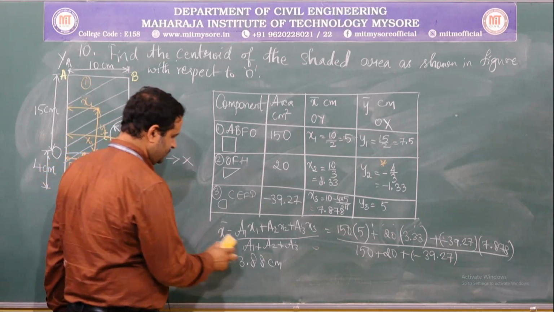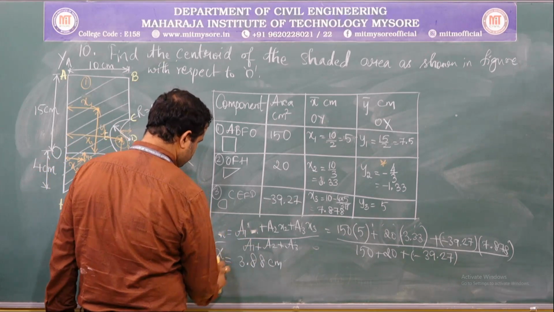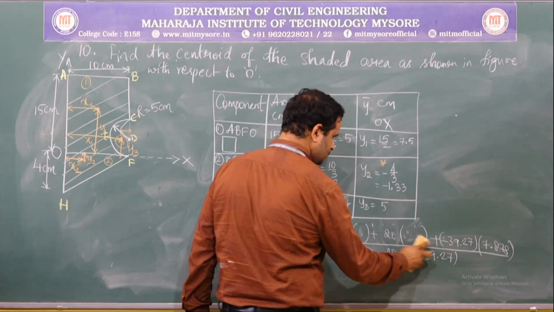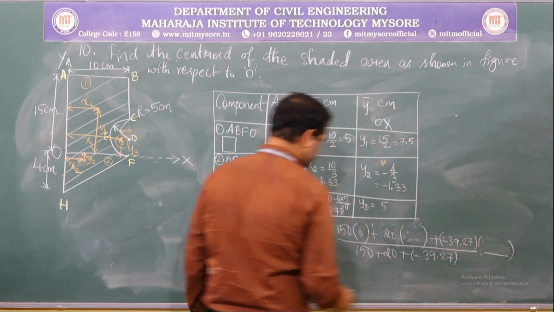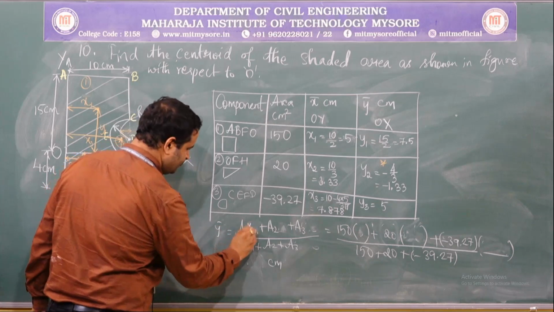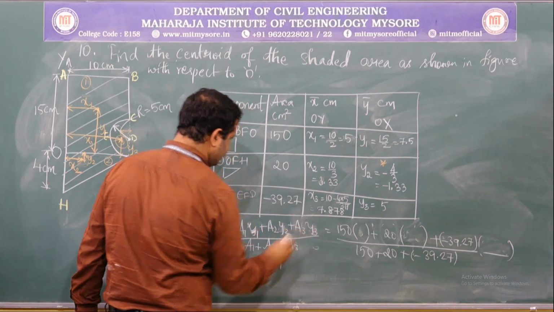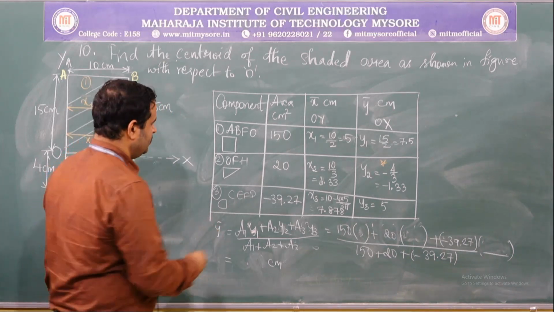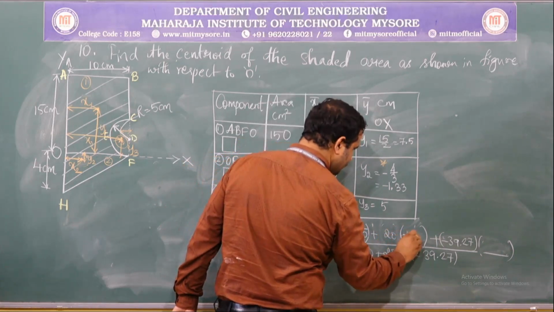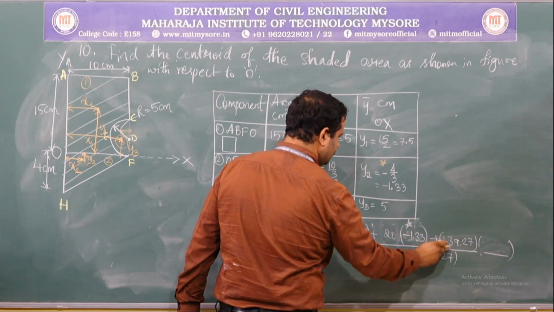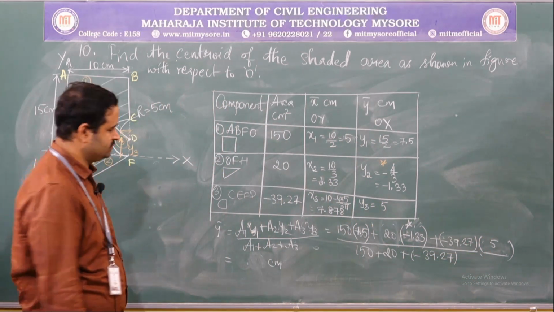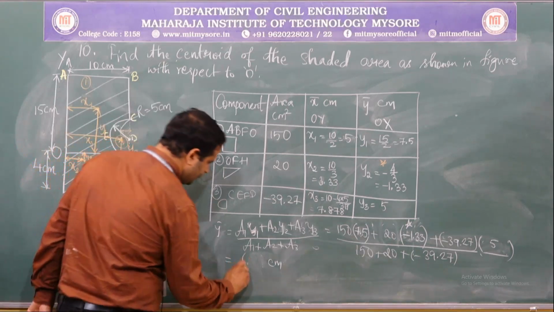Similarly, let me calculate y bar. So, y bar is equal to a1 y1 plus a2 y2 plus a3 y3 whole divided by a1 plus a2 plus a3, and y1 is 7.5, y2 is minus 1.33, please be careful, and y3 is 5, whole divided by 150 plus 20 minus 39.27, which is equal to 6.9 centimeters.